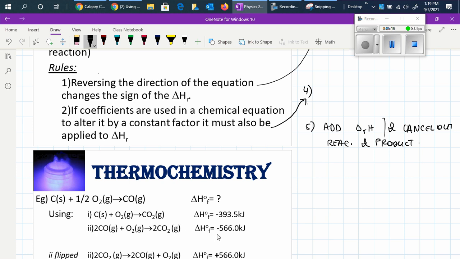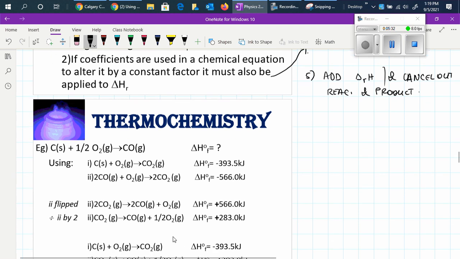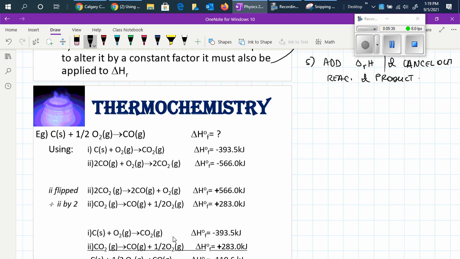The intermediate reactions are that carbon and oxygen form carbon dioxide, and then carbon monoxide and oxygen form carbon dioxide. So now the net reaction, the focus reaction, will be carbon and oxygen giving us carbon monoxide.